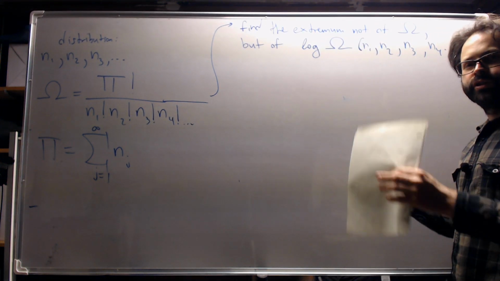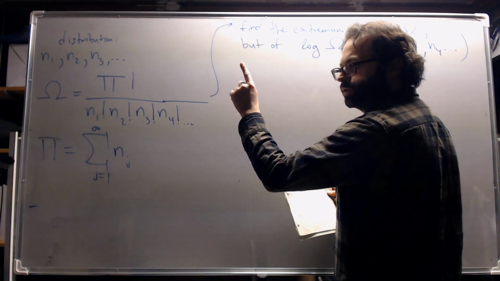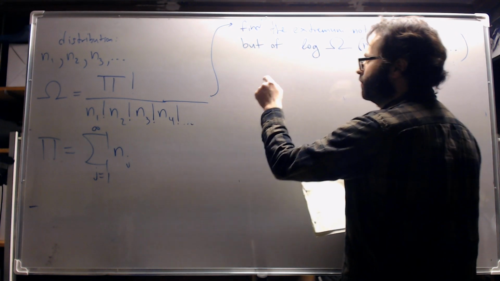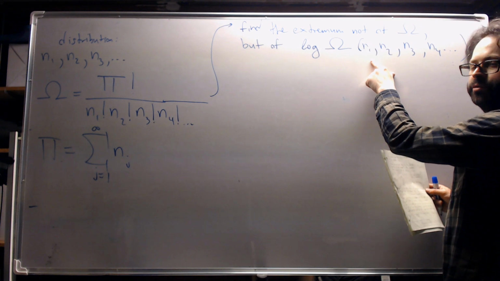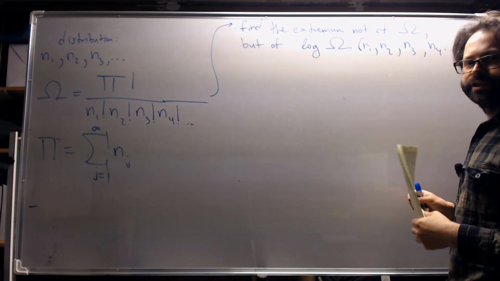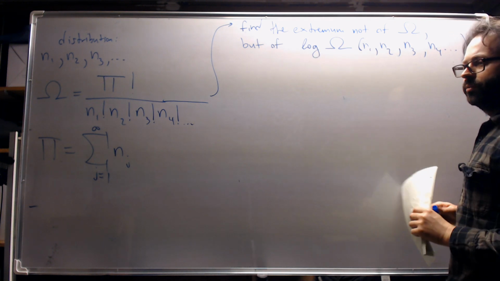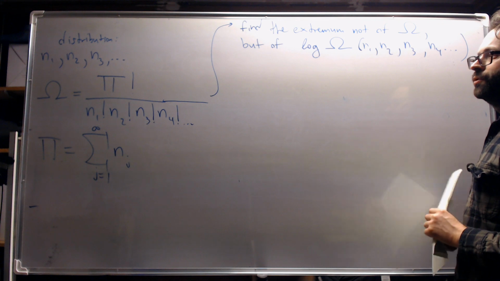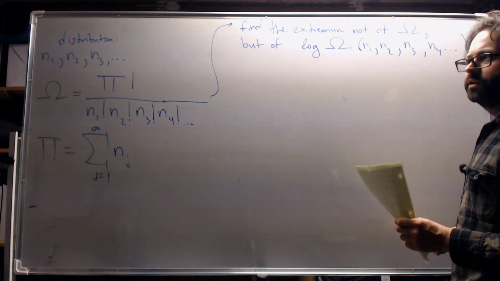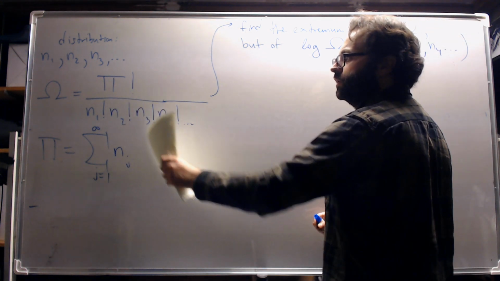And so one can use that interchangeably, but because this is such a sharp function, we would like to make it more smooth or well-behaved and maximize the log of omega without sacrificing anything. There's another reason, actually, and arguably more important reason as to why we would want to use the log of omega and work with that as opposed to omega itself. And that is because of these factorials.